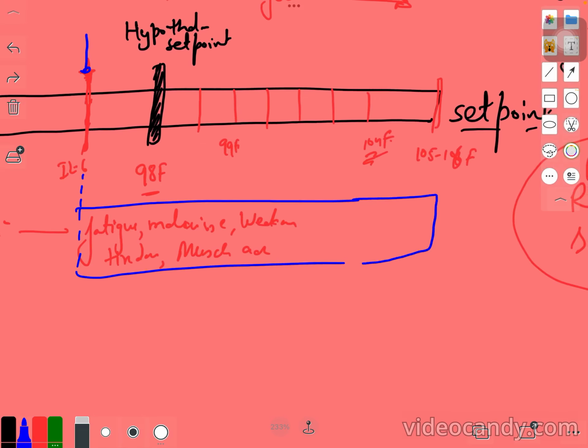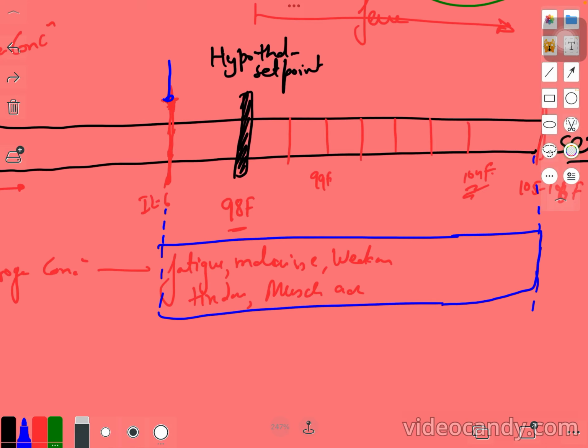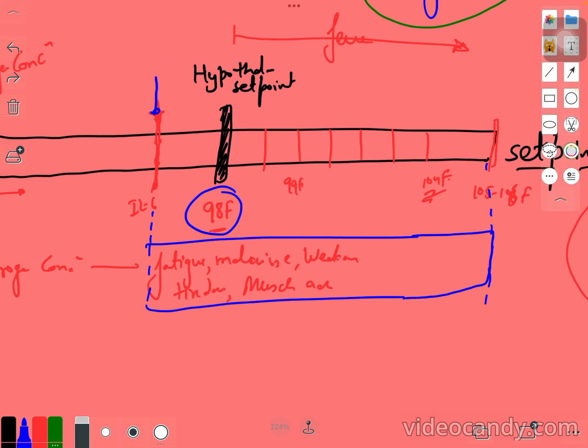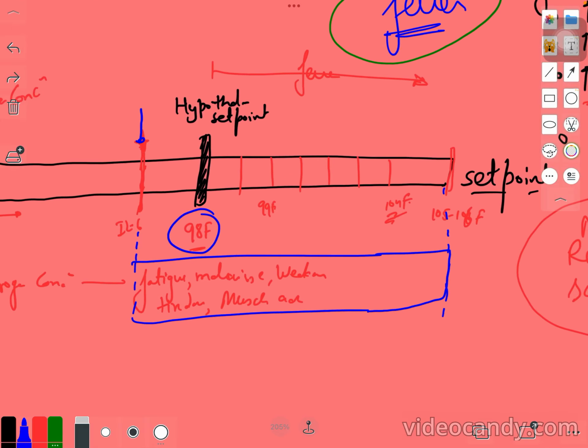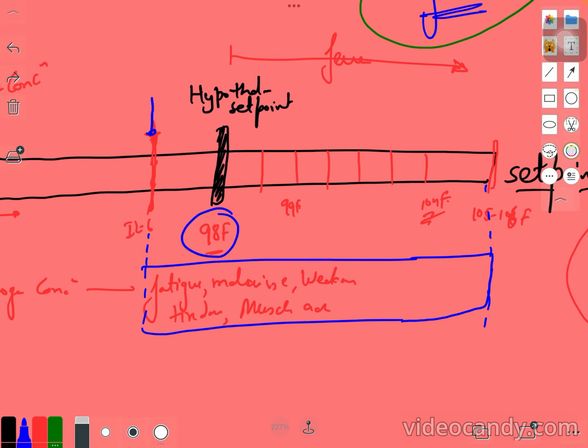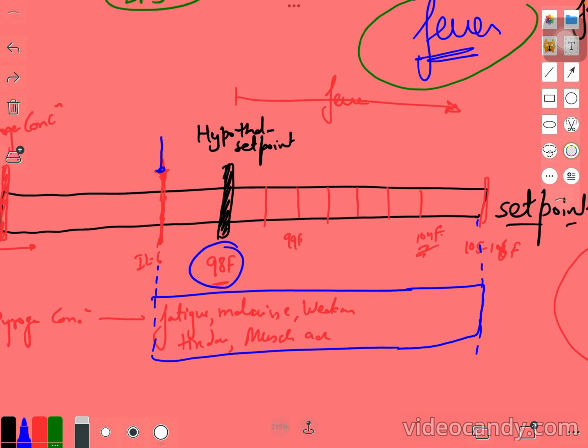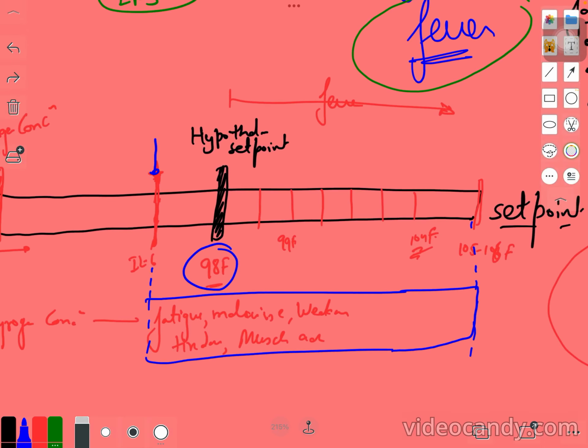Once the patient reaches this threshold limit, where most of the EP3 receptors are activated, the patient will start to have fever. There will be peripheral vasoconstriction and central vasodilation, and overall the core temperature will start to increase, and the patient will experience this fever.